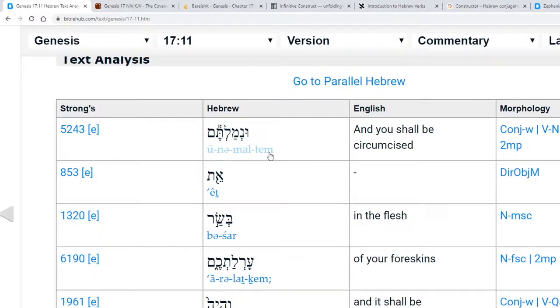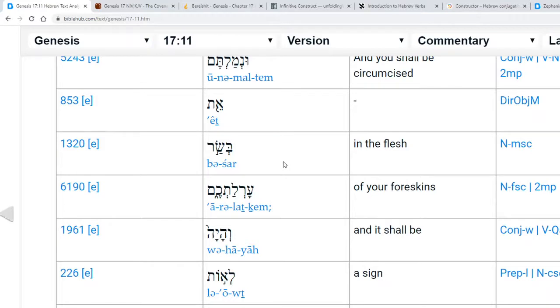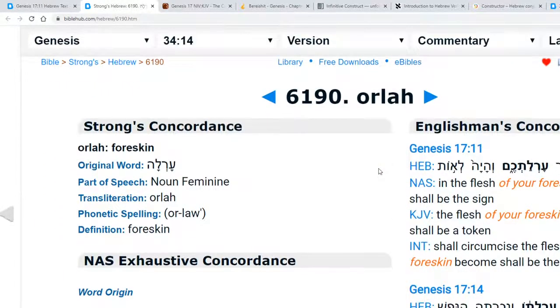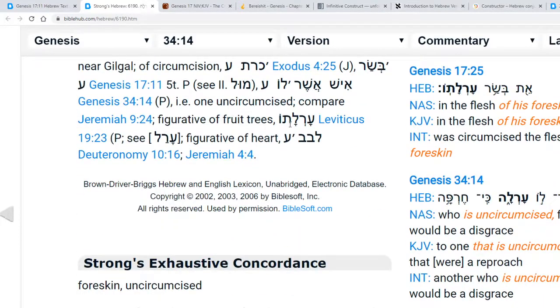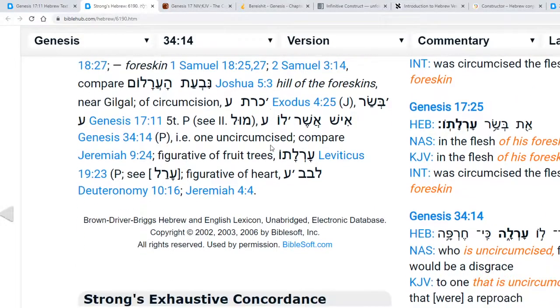Basar, and I generally would say that et is probably telling you that you should also circumcise your heart, right? In a more spiritual manner. Basar is a noun meaning flesh, and it is in the construct form with orla. So ayin resh lamed is obviously foreskin. When we talk about the orla, we are also talking about fruit trees, young fruit trees, like they say here.